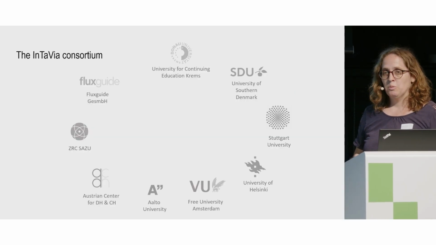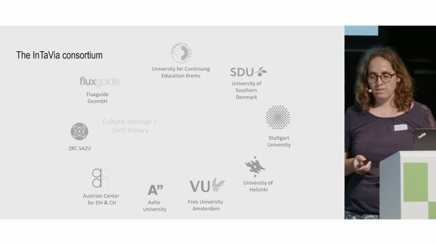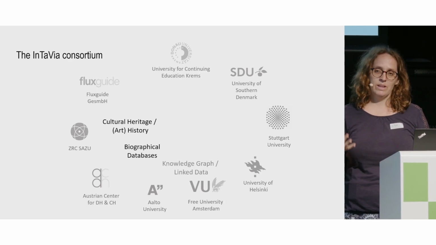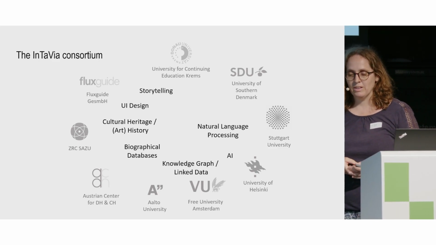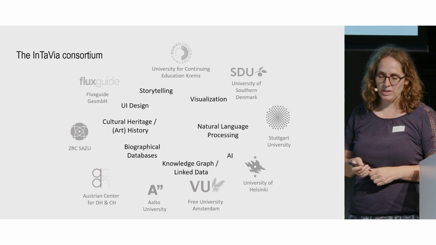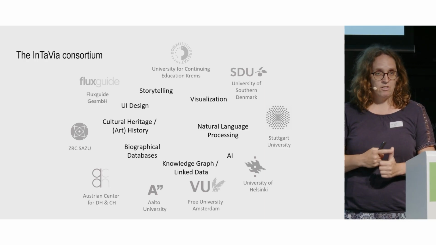So the consortium is made up of these different institutions, and if you look at the different emphasis that the institutions have, you can see there are different aspects and different expertise that they bring in. So for example, we have got this aspect on cultural heritage and art history.